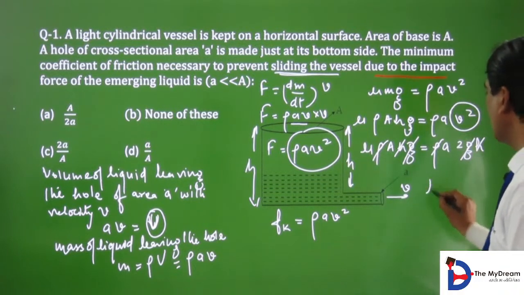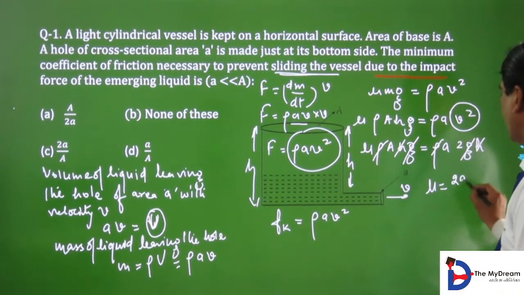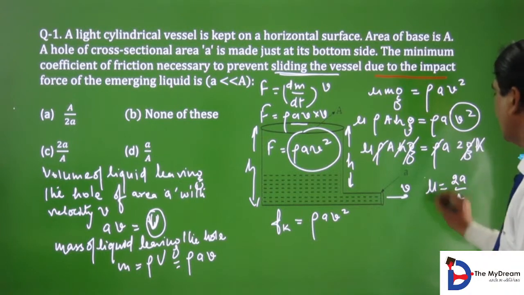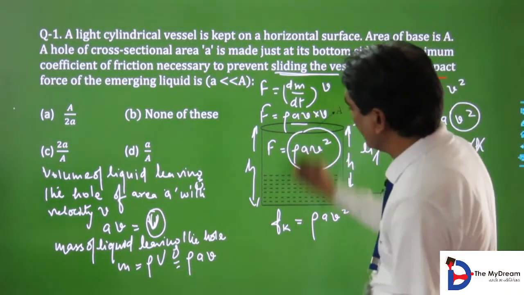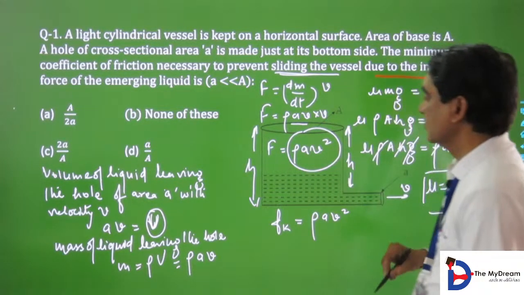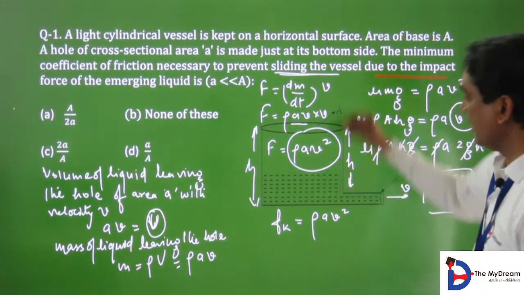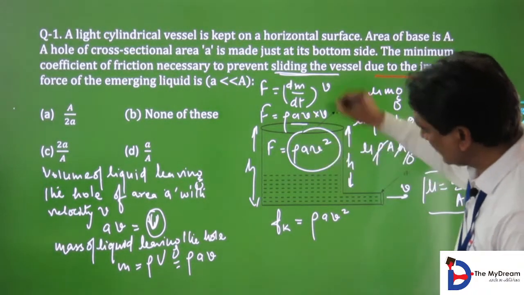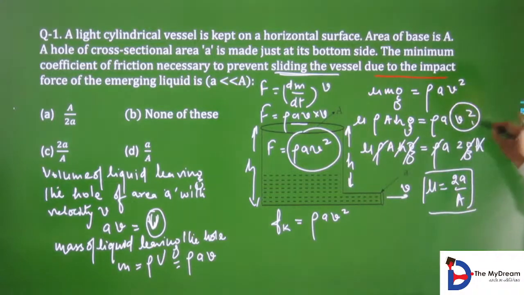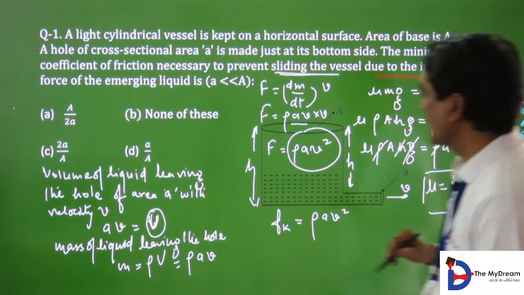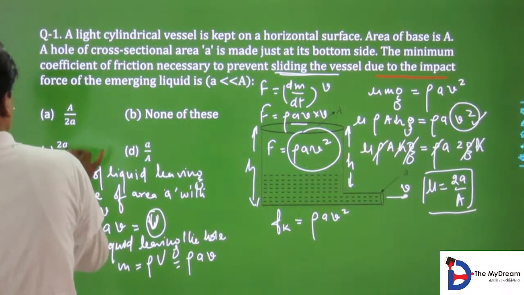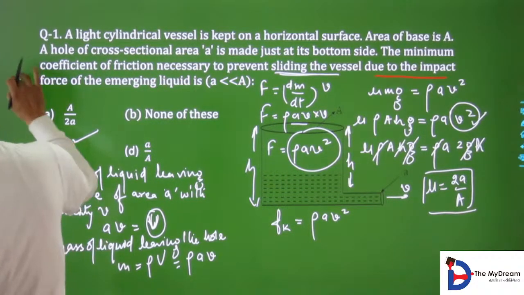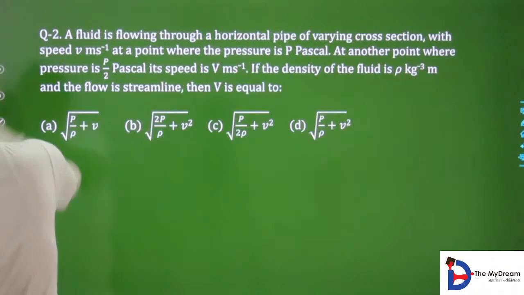Then mu is equal to twice a by capital A. Remember one thing, you must know the velocity of the fluid in this container so you can put the value of it. Now, option C is correct. Next question.